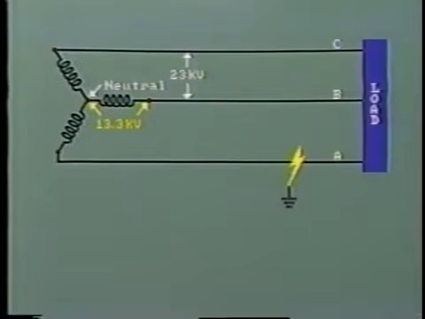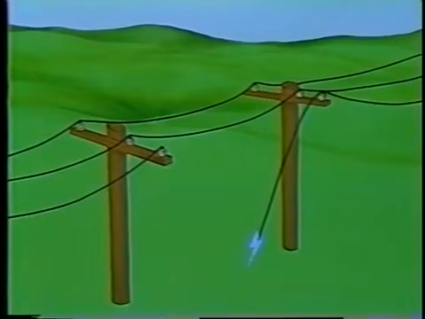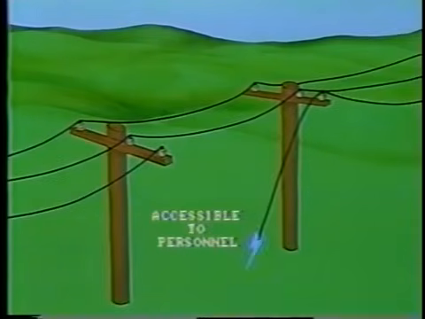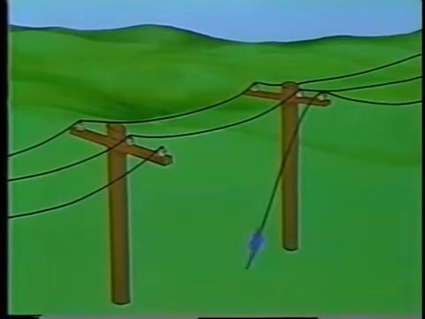However, this method presents several possible hazards. First, at the fault location, we have a live conductor coming into contact with ground, which may be accessible to personnel. Moreover, there may be an arc present, which, if not interrupted, will cause serious damage by burning.